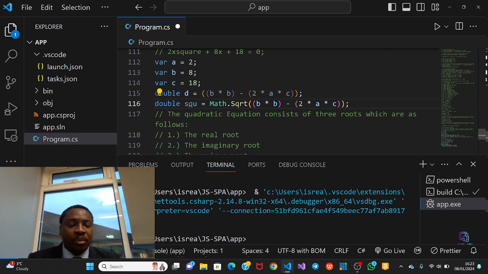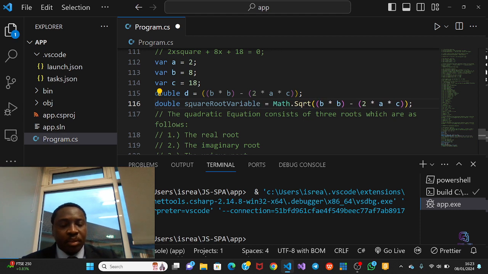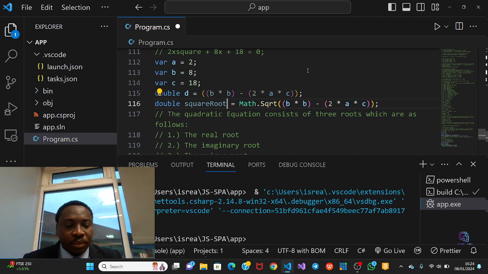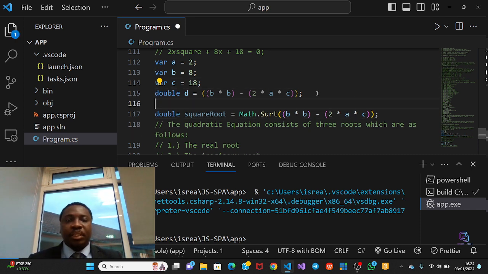The square root variable is equal to this square root, just leave it as the square root. So we now have variable d. Double d is this. So let's print it out.